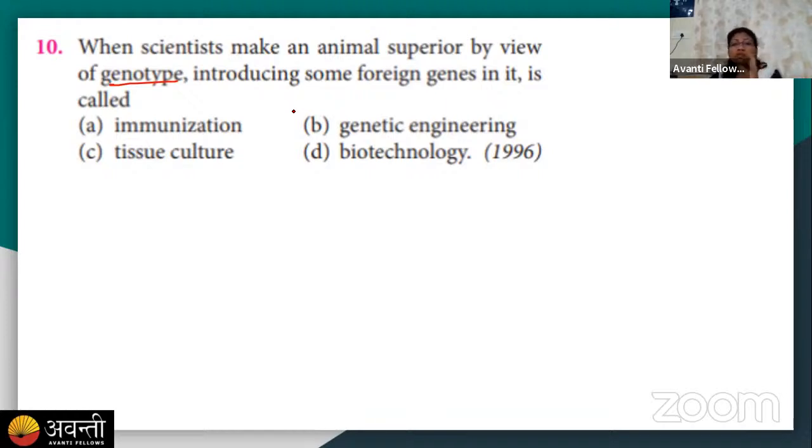So out of these four, which technique are we using? A, immunization. B, genetic engineering. C, tissue culture. And D, biotechnology. So you have to give your answer in this poll, that out of these four techniques, which is used to make an animal superior by incorporating the foreign gene in it.